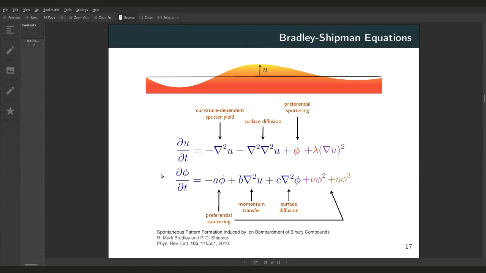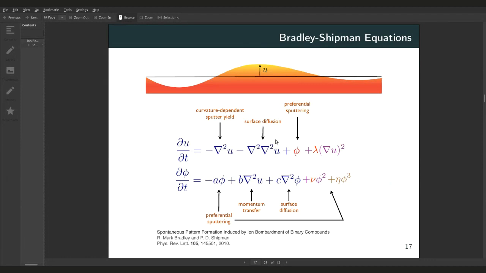And phi is the surface composition. If I have a binary solid and one species is preferentially sputtered, it's really important that my surface composition and my surface height are coupled. And so I can see the coupling here. We have curvature-dependent sputter yield, again surface diffusion.